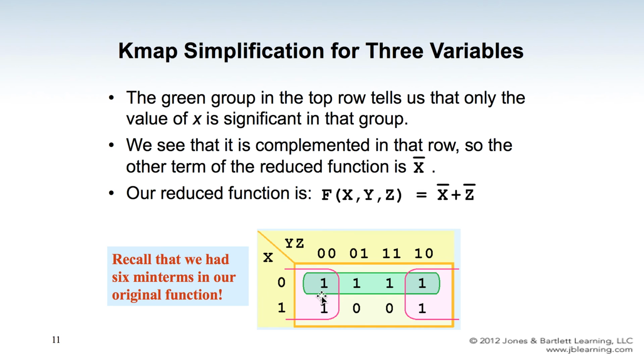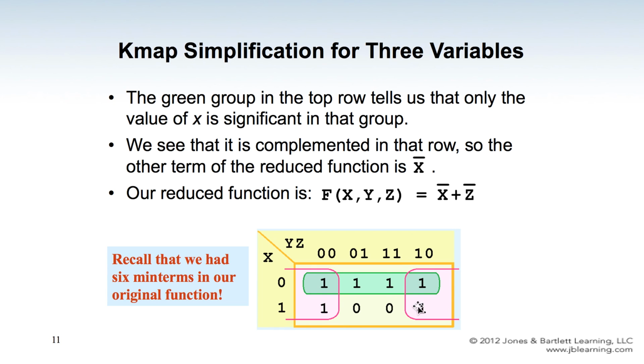Okay, so the first term right here, the green one, can be simplified into x naught. Because y and z are changing, we can drop y and z, and this group corresponds to value x equals 0, so it is represented by x naught.